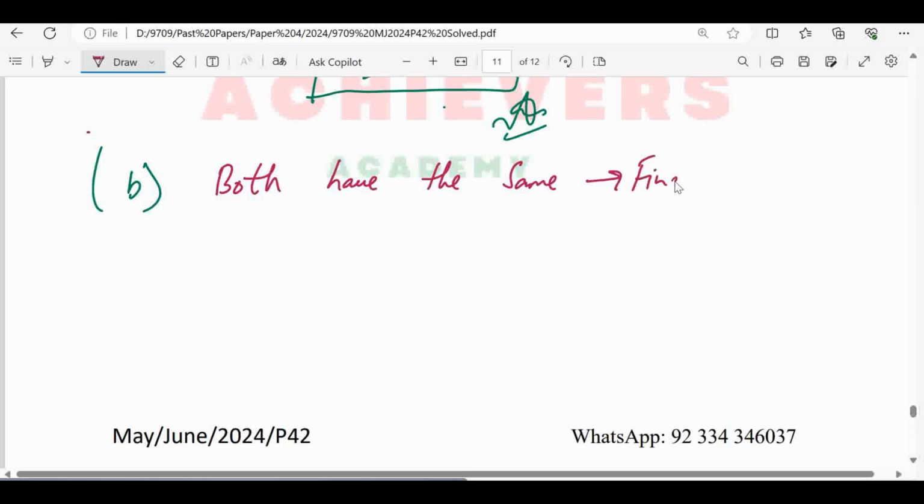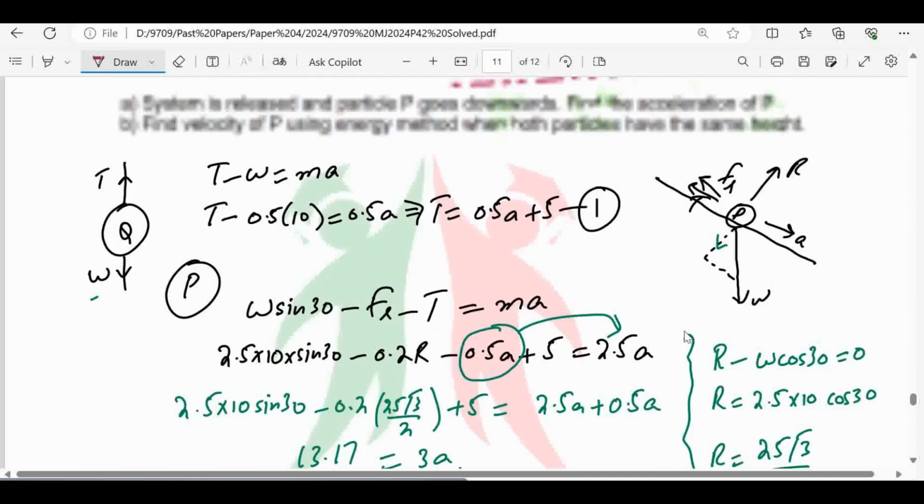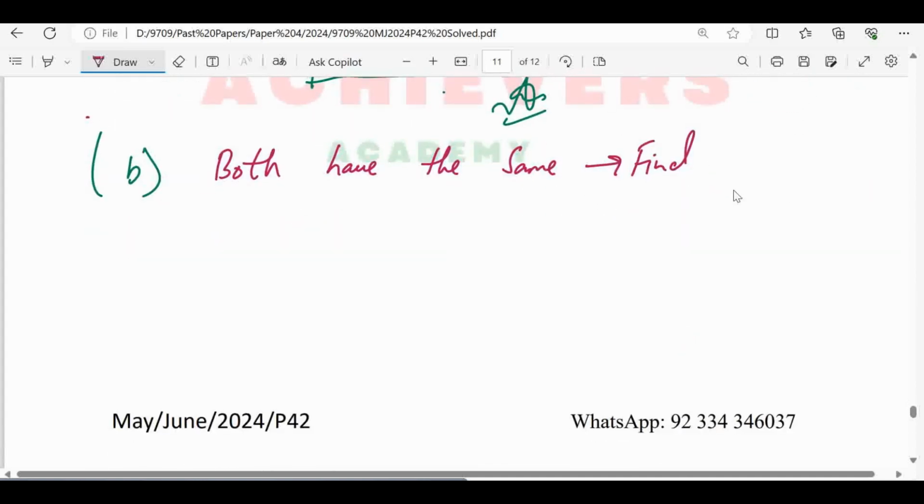Now we know that Q moves x meters upward. Let me draw a rough diagram: this one is particle P, this one is particle Q. P is going x meters upward and Q is going x meters upward, and P moves x sine of 30 meters down the slope.